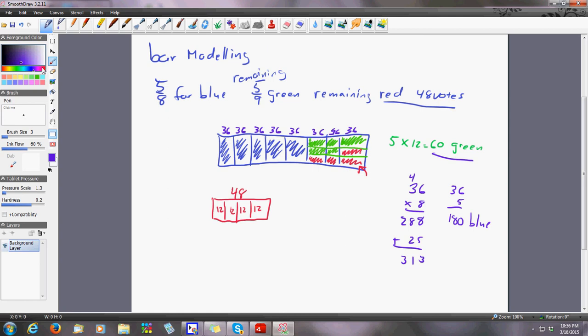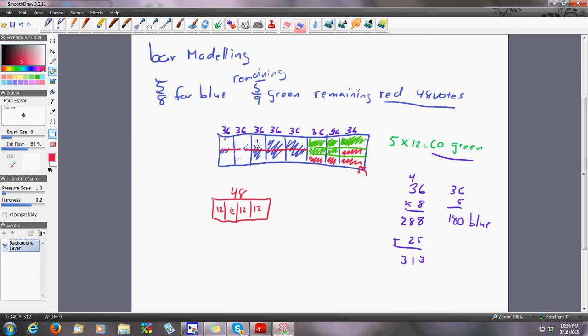And so what I'm going to do is this. I have 1, 2, 3, 4, 5. I'm going to divide this in half. The reason why is because I had 5 boxes, but I divide all the blue boxes in half. And so now I don't have 5 boxes, I have 10 boxes.